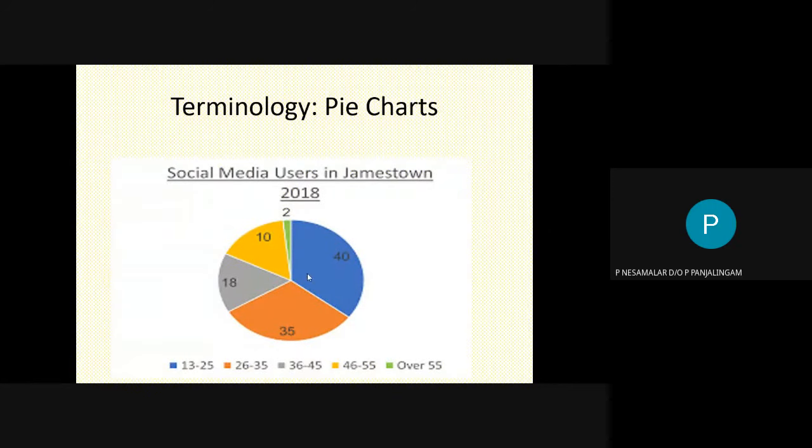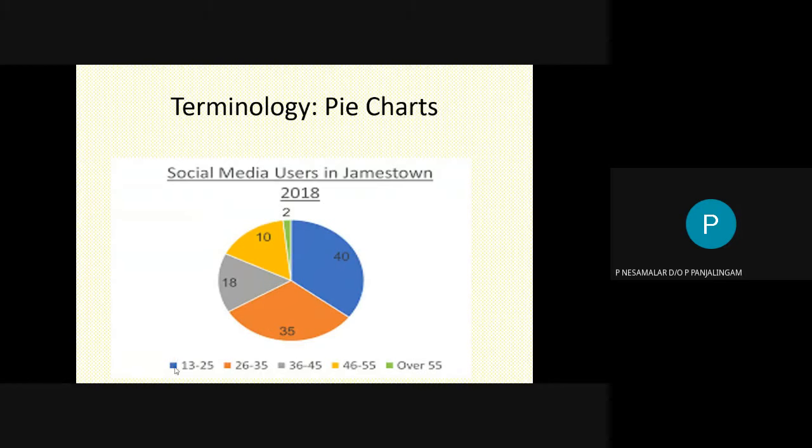Now, in this pie chart, you only have one pie chart. The heading or title is Social Media Users in Jamestown in the year 2018. The pie chart is divided into different segments or sectors and is colored in various colors.